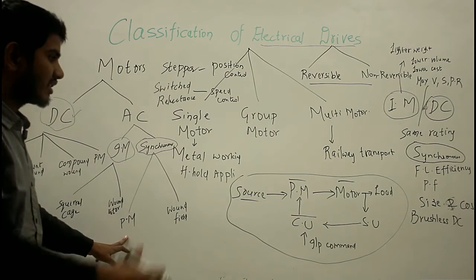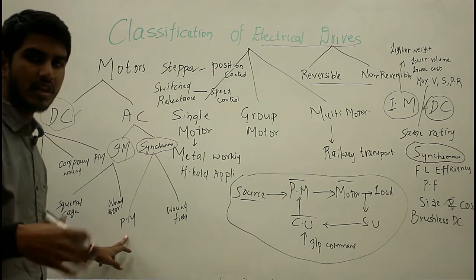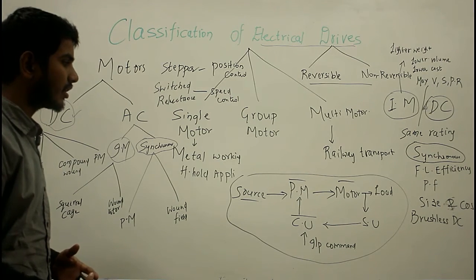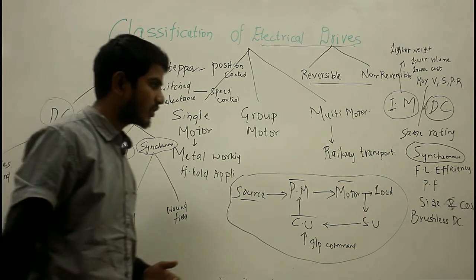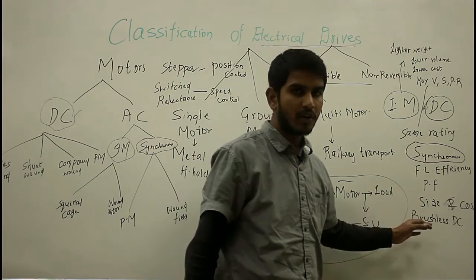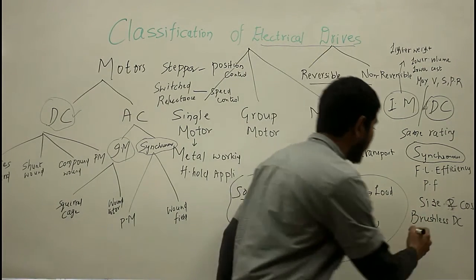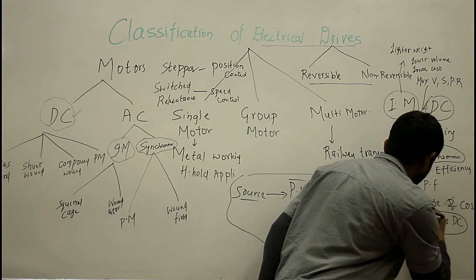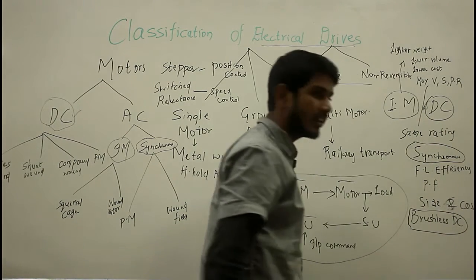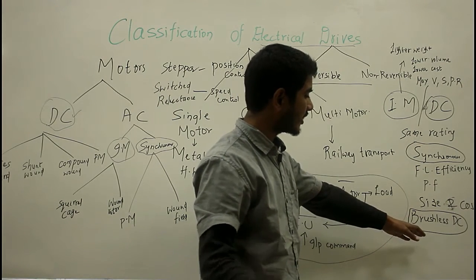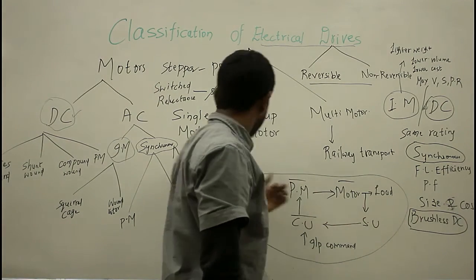These brushless DC motors are now used for servo applications, and nowadays they are an efficient alternative to DC servo motors because there are no commutation problems in brushless DC motors, and maintenance is easy compared to DC servo motors.